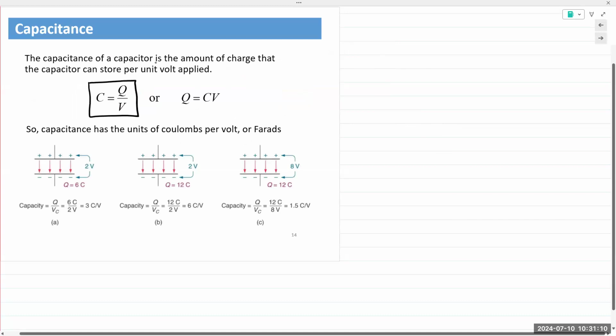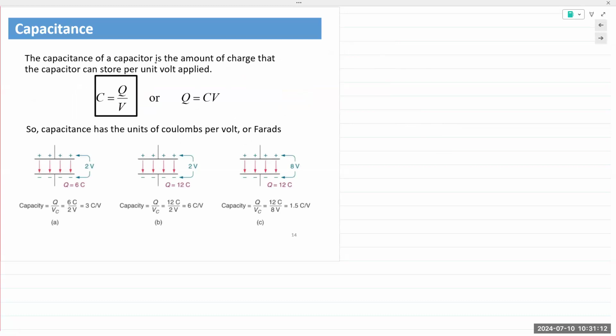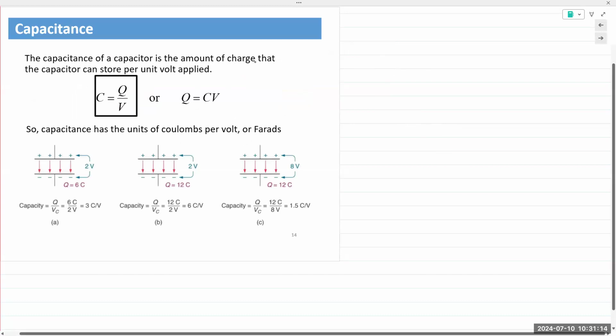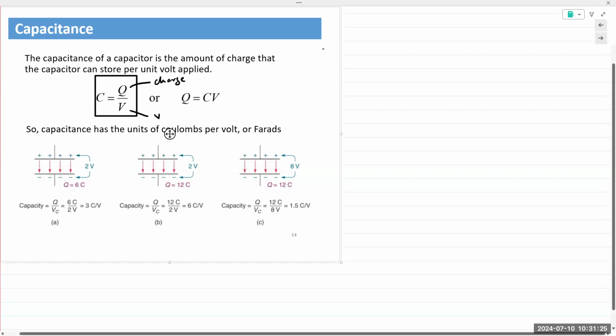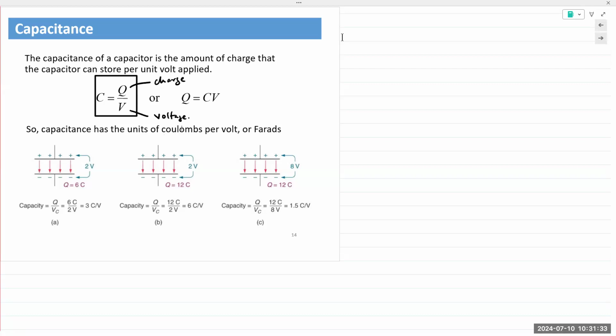Capacitance C is Q over V, where Q is the stored charge and V is the applied voltage. Again, capacitance is the amount of charge that the capacitor can store for every unit of voltage applied.